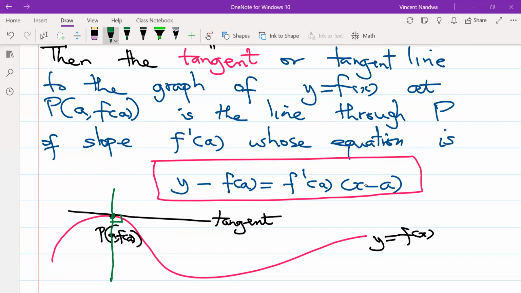It's called normal. So normal is a line which is perpendicular to the tangent to a curve at a point.